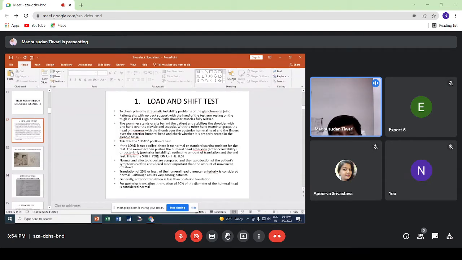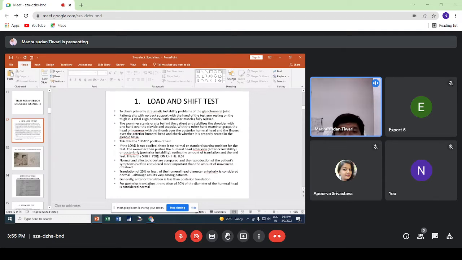The patient will sit with no back support, with the hand of the test arm resting on the thigh, in an ideally aligned posture with the shoulder muscles fully relaxed. The examiner will stand or sit behind the patient and stabilize the shoulder with one hand over the clavicle and the scapula.